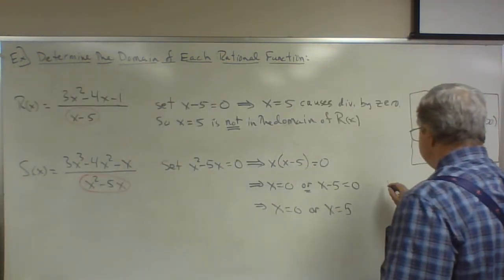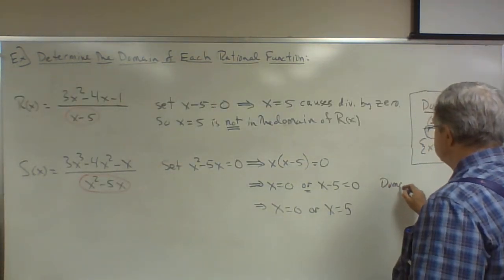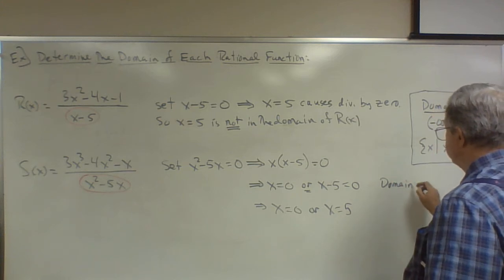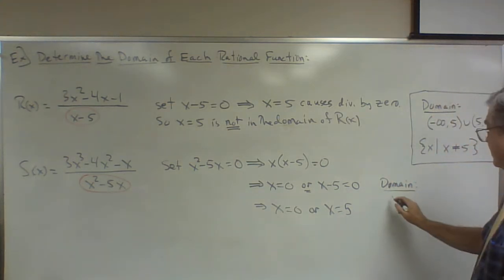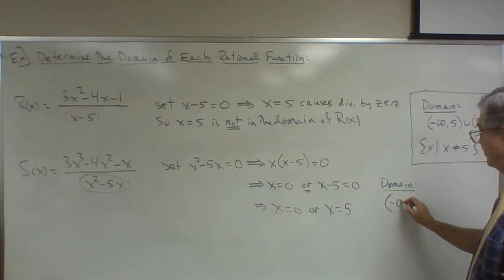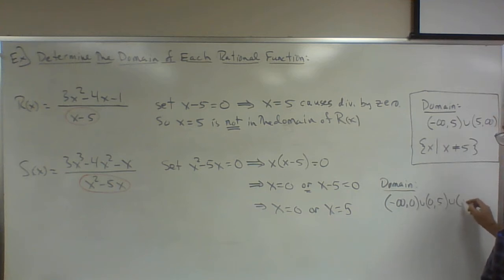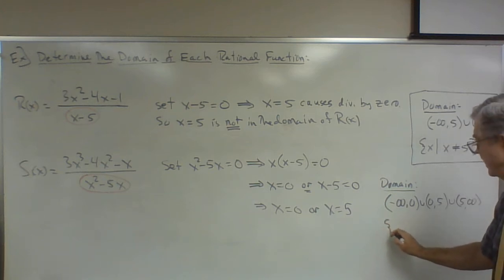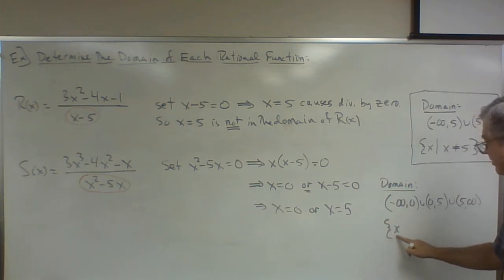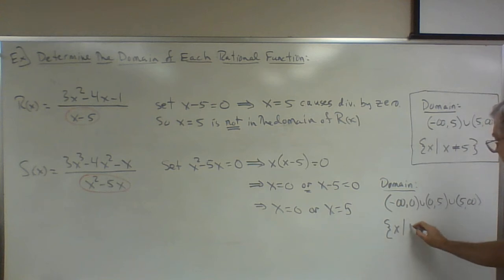So here's the domain of this second function: the set of all real numbers other than 0 and 5. And we can write it this way instead: the set of all real numbers x such that x is not equal to 0 or 5.